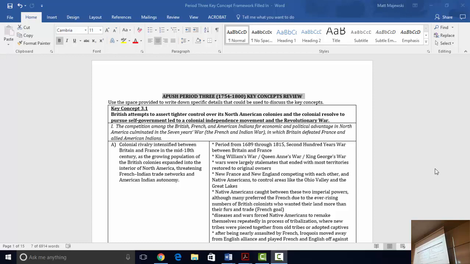Strong central government is what they advocate. They believe the government must be stronger than the states overwhelmingly, that it must be supreme, which it is according to the Constitution. They believe in loose construction, remember. They think national debt is a good thing, right? Because the more we're in debt, the more people the government owes money to, which means those people are going to do everything they can to help the government in order to get their money back, okay? They believe the government's job is to help business, not to interfere with it, not to regulate it.